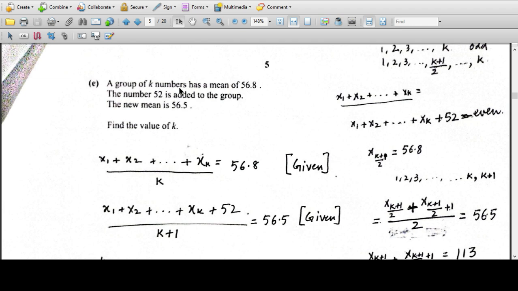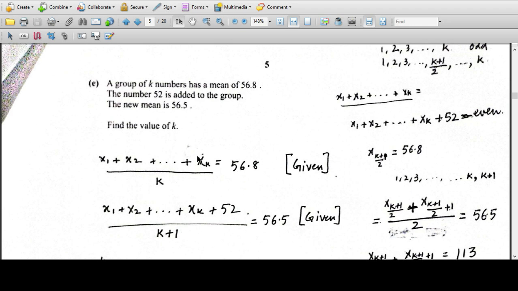So previously the total numbers were k, now we add another number, so extra quantity is added here, 1. So previously there were total k numbers, x1, x2 up to xk, and now the last one is xk plus 1. So the total number is k plus 1.